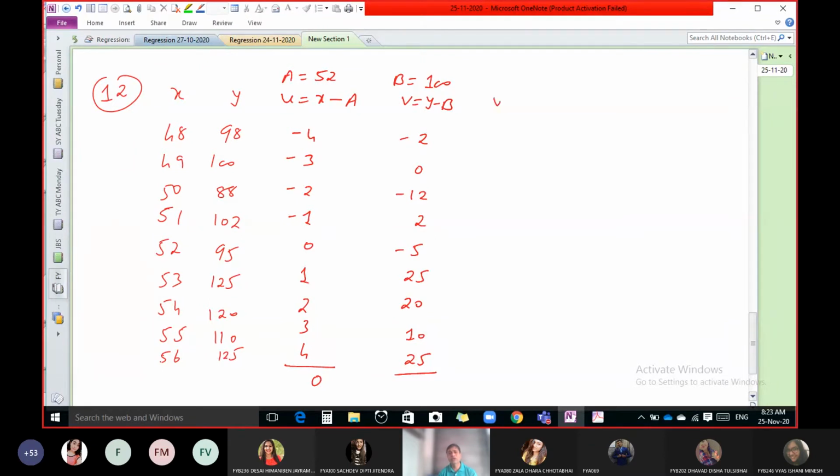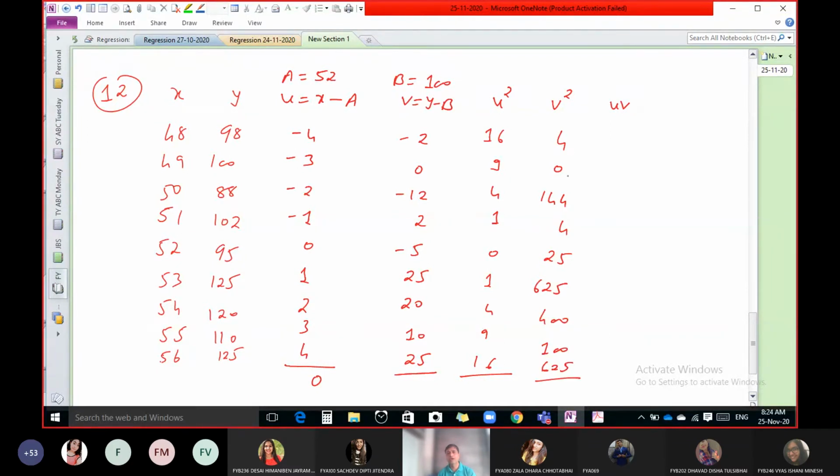Now you need to calculate u square, v square, and u into v. U square means the square of all these values: 16, 9, 4, 1, 0, 1, 4, 9, 16. Add this. And the square of v: 4, 0, 144, 4, 25, 625, 400, 100 and 625.